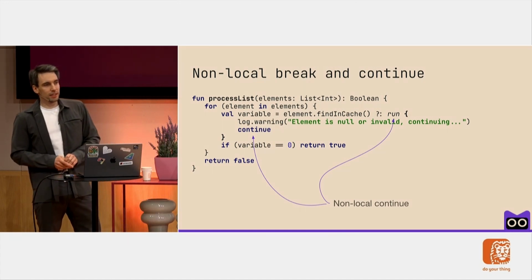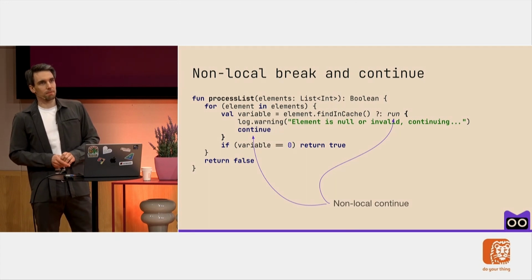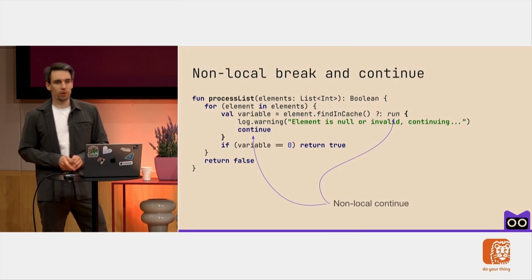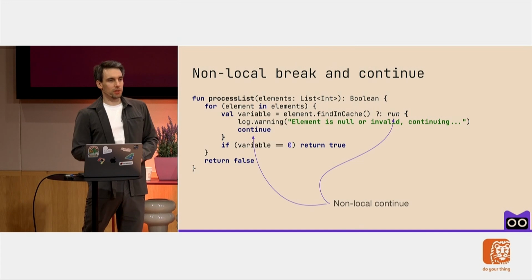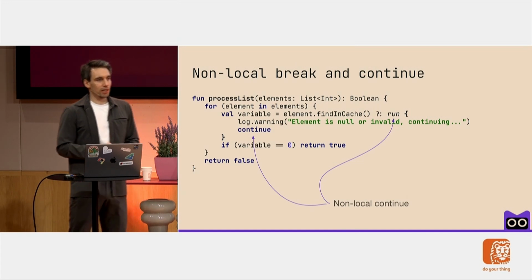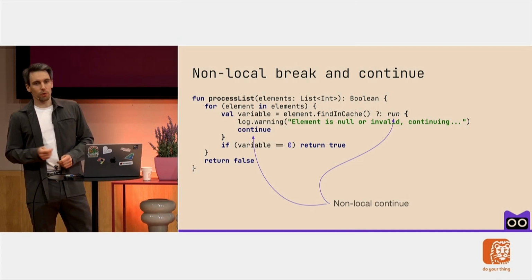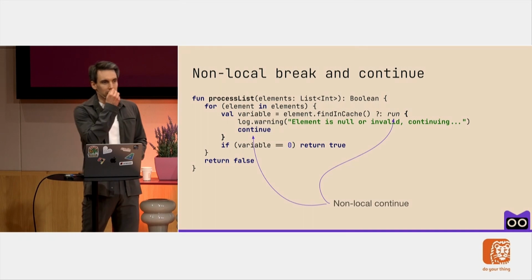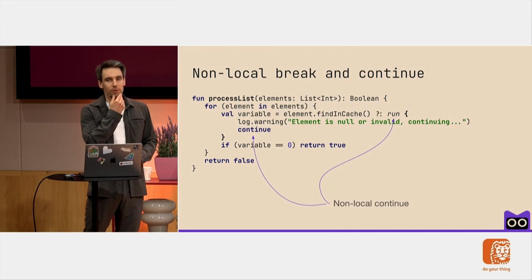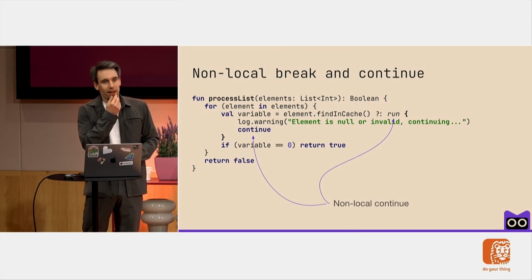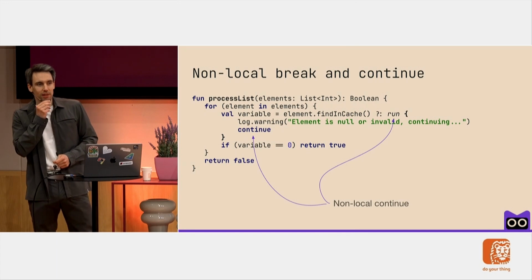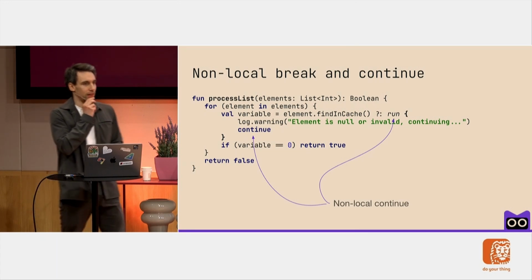We consciously decided to restrict it at some point, because we thought that we might reuse continue and break for inline functions such as repeat or forEach. So we thought that maybe we have some inline functions that act as for loops, and maybe it makes sense to allow continues and breaks inside them.